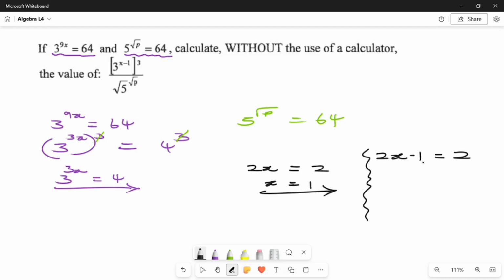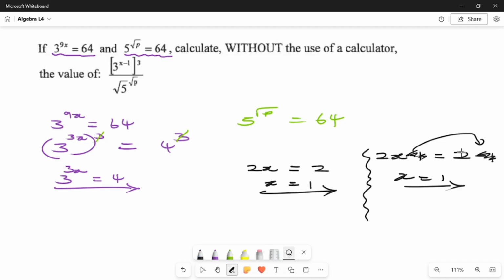Remember, we subtracted 1 on the left hand side. If we subtract 1 on the right hand side, it stays the same, because when you take this there, it will be minus 1 plus 1. Therefore, these ones will cancel, and our answer will be x is equal to 2 over 2, which is equal to 1. Similarly, I had to use a simple example so that you guys can follow.